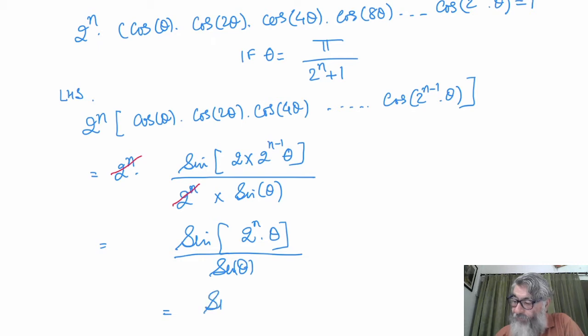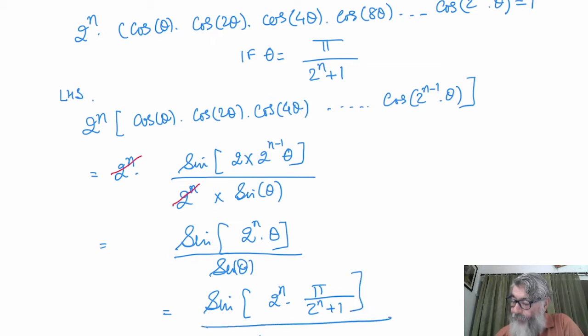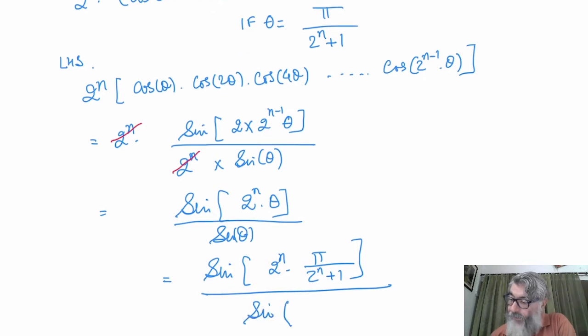The value of theta is given to be pi upon 2 to the power n plus 1.